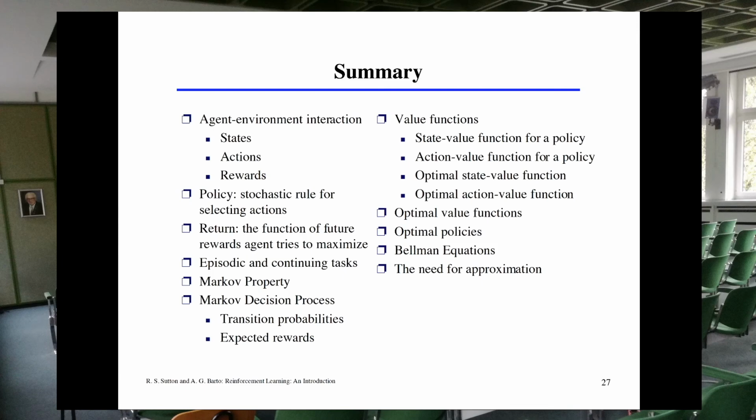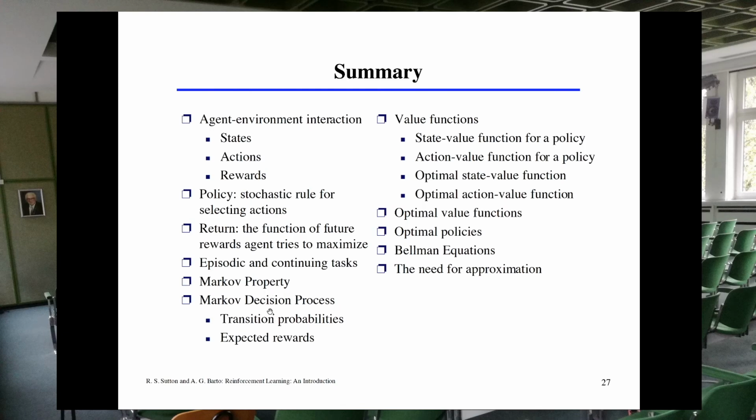You also need to understand very well the concept of return, which is basically the expected sum of rewards that you will get starting in some state and executing actions given by some specific policy. You should also understand the difference between episodic and continuing tasks, and the concept of the Markov property.